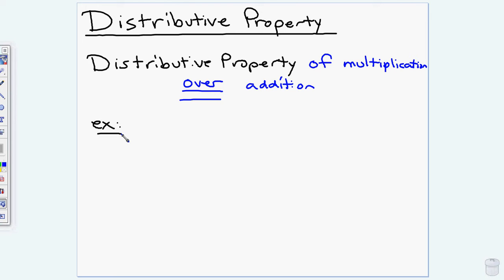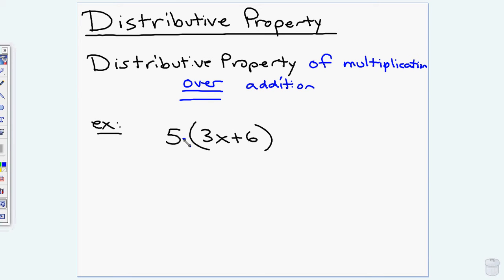The distributive property says that if I have a binomial, or it could be a trinomial, we defined that the other day, something like 3x plus 6, and I have a 5 out here. Well, that 5 means multiplication.